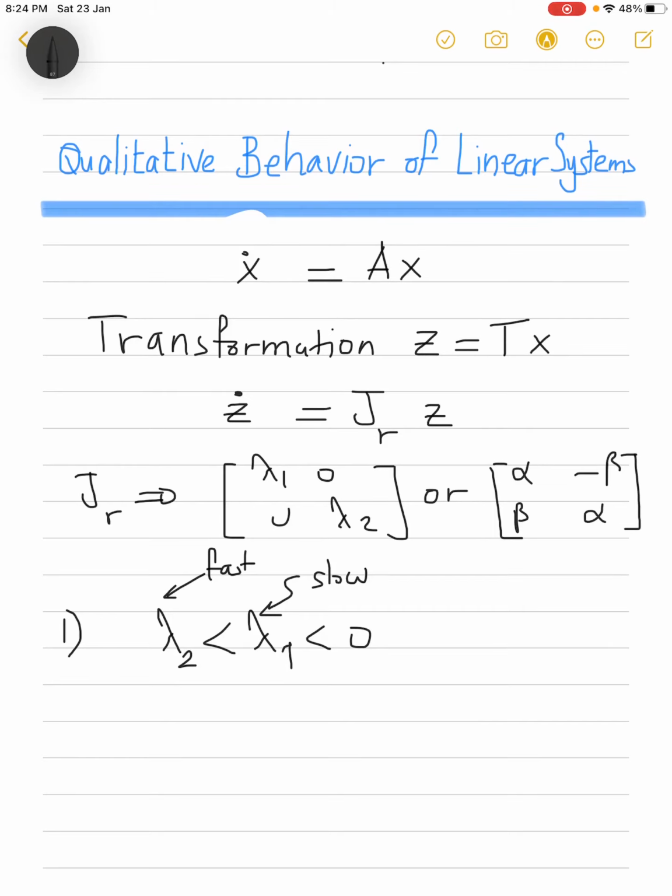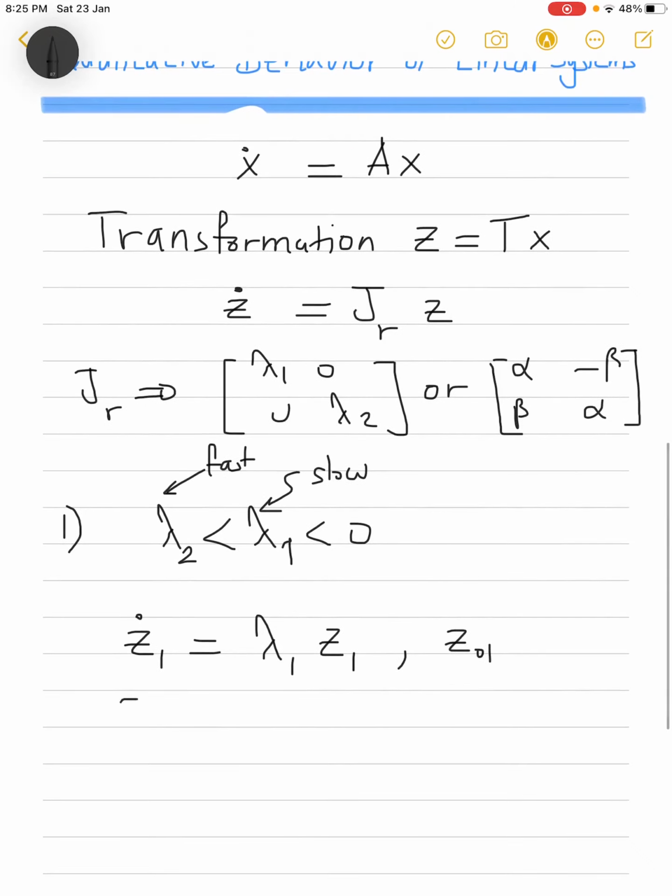We can then write the system equations in the new coordinates as z1 dot equals lambda 1 z1 with some initial condition, say z1 0, and similarly z2 dot equals lambda 2 z2 with the initial condition z2 0.